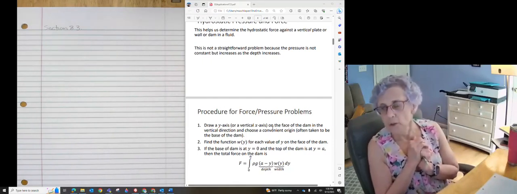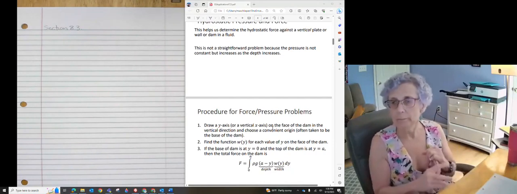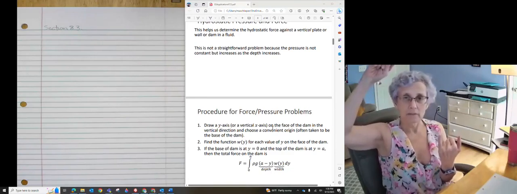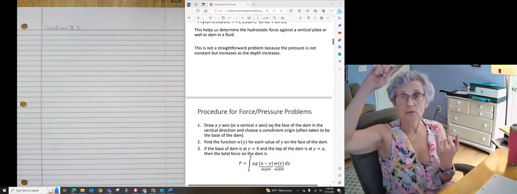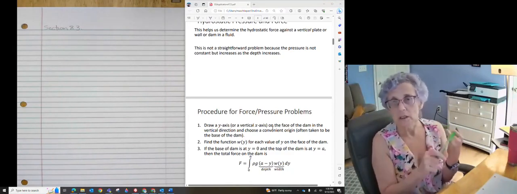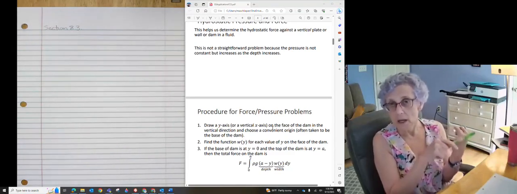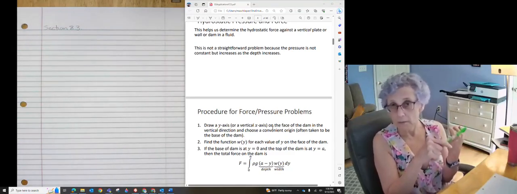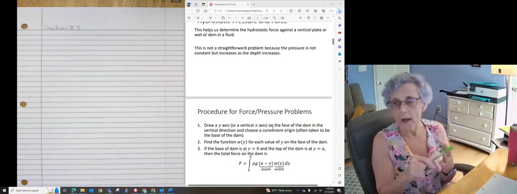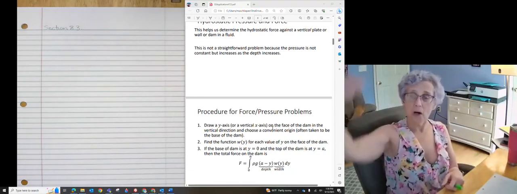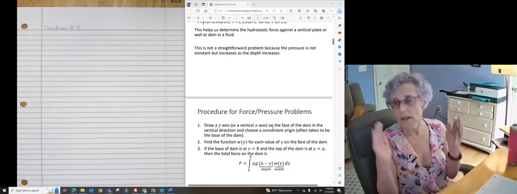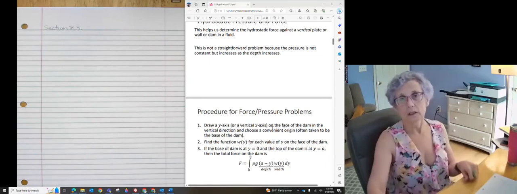And then you put the integral from the bottom of the plate to the top of the plate, because that's where it's feeling pressure, rho times g, the density of the water or whatever liquid, times gravity. Then you have a minus y, where a starts, in this case, at the top of the water, minus y, times the width at each y.